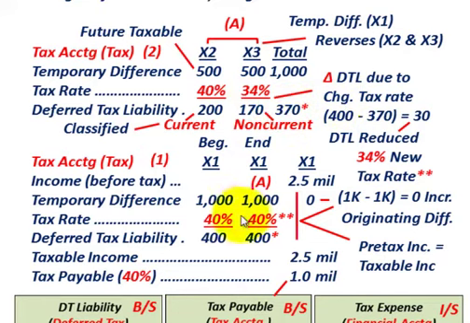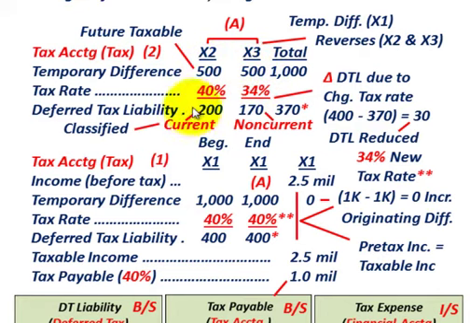So we had a deferred tax liability of $400,000 at the end of year X1. Now, with the change of the tax rate and the reversal of that temporary difference, the temporary difference reverses over year X2 and year X3 by $500,000 each year.